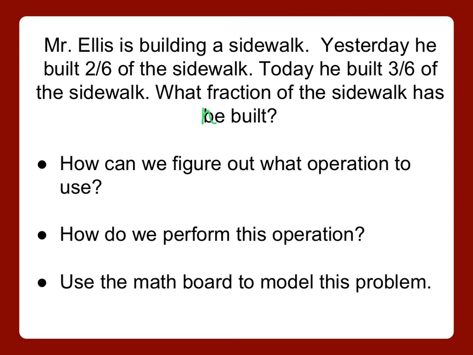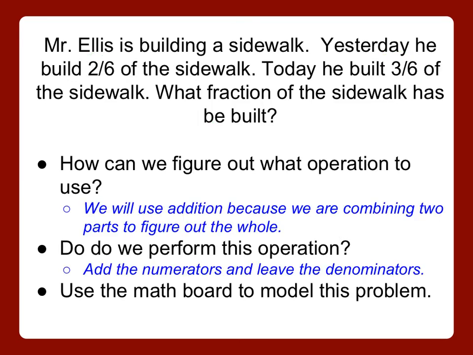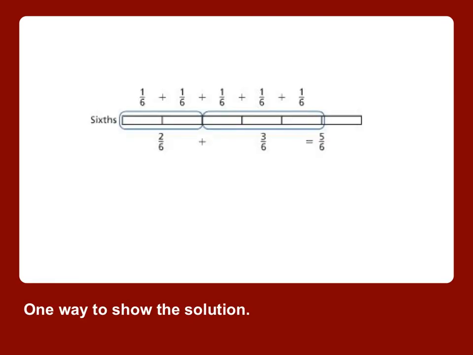Well, since we know that he has already built 2/6 and today he built 3/6, we've got 2 parts and we're trying to figure out the whole. When we are trying to figure a whole from 2 separate parts, we are going to use addition. Here's how to model that on your math board.